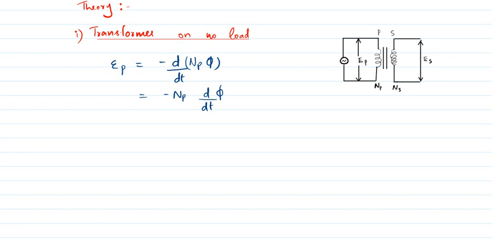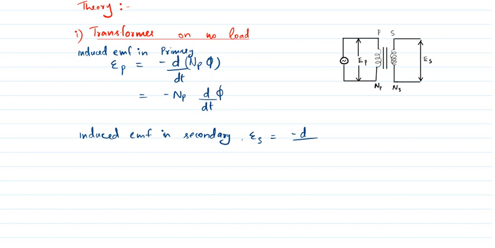Similarly, we will get the equation for induced EMF in the secondary too. The induced EMF in the secondary, epsilon S, will be equal to, the similar equation will come, minus d by dt of N_S phi, which is equal to minus N_S d phi by dt.